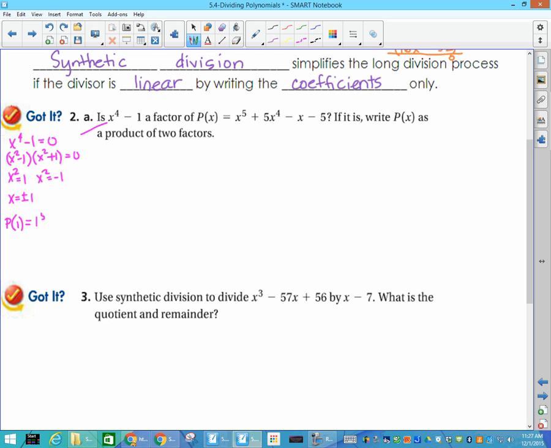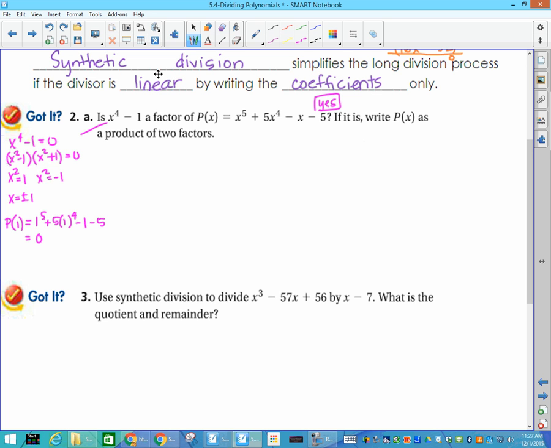So I'm going to have 1 to the 5th plus 5 times 1 to the 4th minus 1 minus 5. Well, what does that equal? 1 plus 5 is 6. Minus 6 is 0. So yes, it is a factor. Is x to the 4th minus 1 a factor? Yes, it is. If it is, write it as the product of two factors.